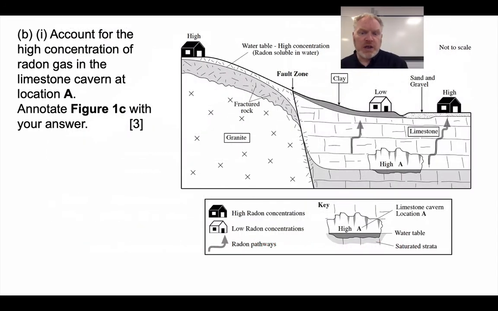So then if we start looking at the subsurface geology of this, we've got this limestone cavern. If you look at the sort of annotations that you need to put, when this was set as an exam, there was a reserved mark.